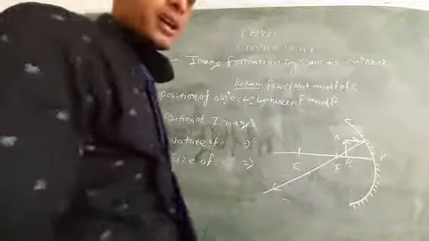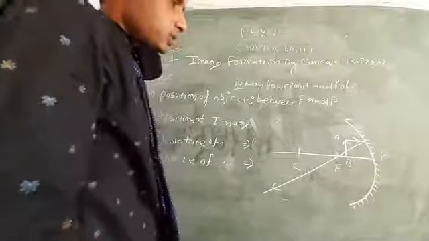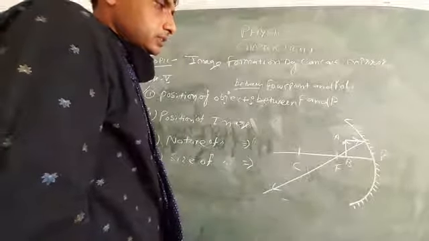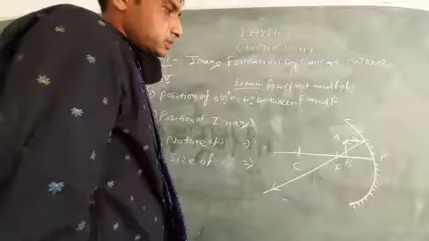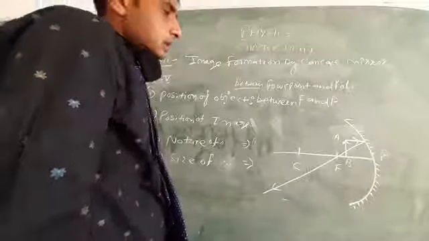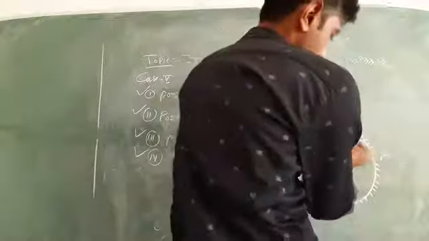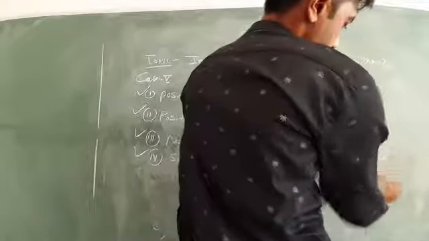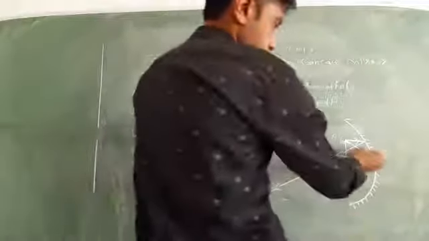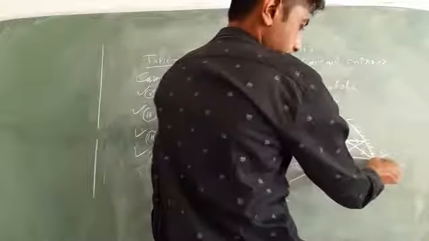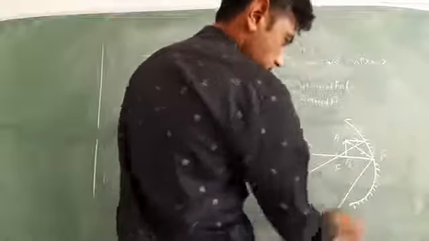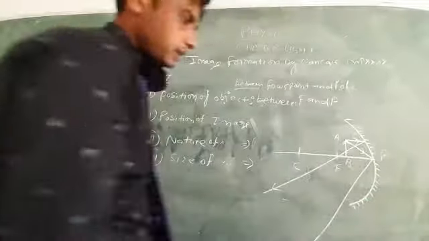Now we need another ray, because the image is obtained by intersection of two rays. Let another ray be incident on the pole. Reflection takes place and the reflected ray moves like this.